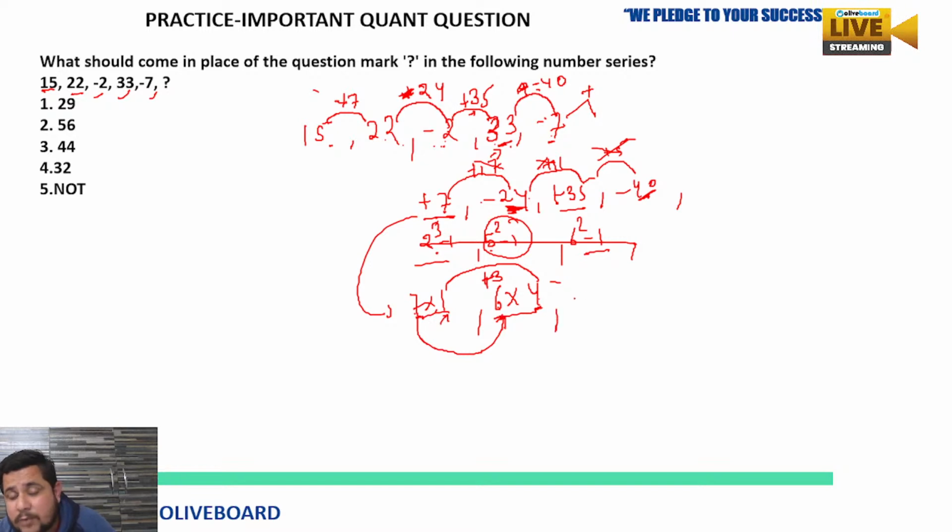Now after 6 what must we take? 5 in the similar sequence, because 35 is the next difference. The possible factors are 7 into 5 or 5 into 7. So going in descending order, after 7 comes 6, after 6 comes 5. So 5 multiplied by 7. First we multiply with 1, then with 4, now with 7, so after 4 plus 3, 7.